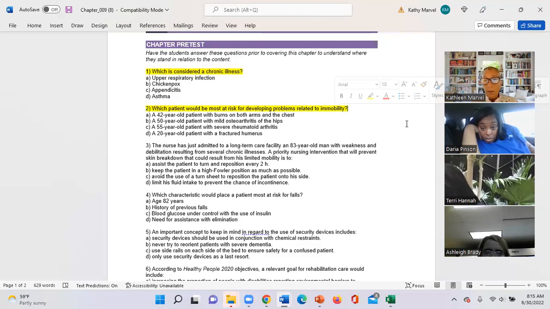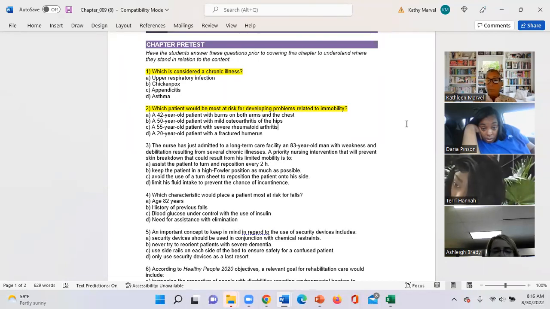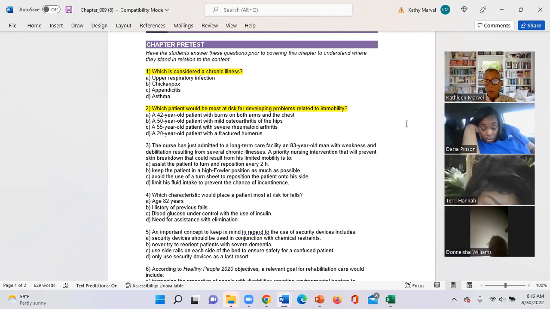And what word in the question do you have to pull out? Most. Great. Okay, so now you're looking for a most. It's a priority question. What do you guys think?